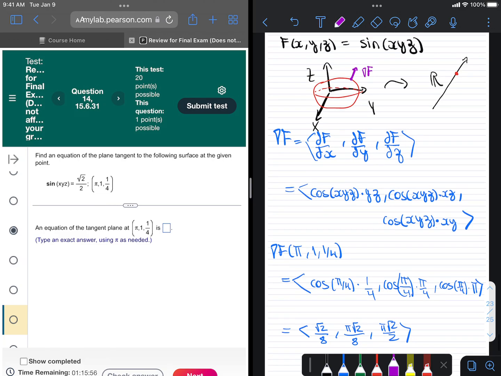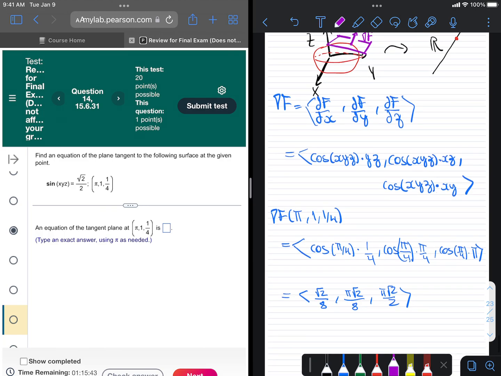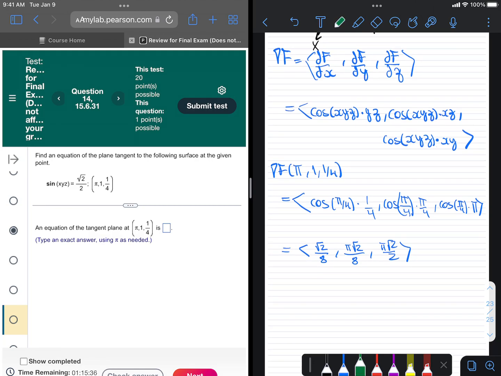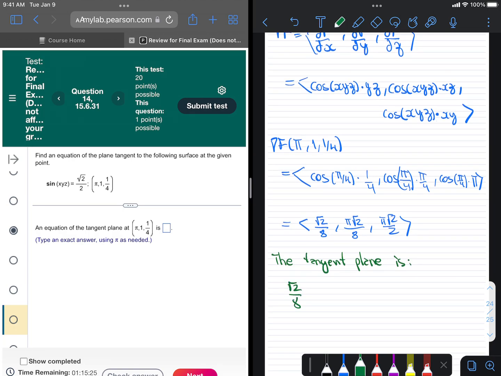to my surface, and by that I know that the tangent plane to the surface at that point is also normal to that gradient. So that's the drawing, that's the plane I'm looking for. It's a plane that goes through this point that has this normal vector. So it will be root 2 over 8.